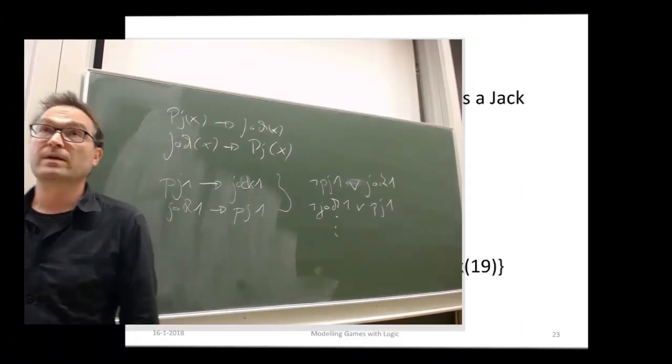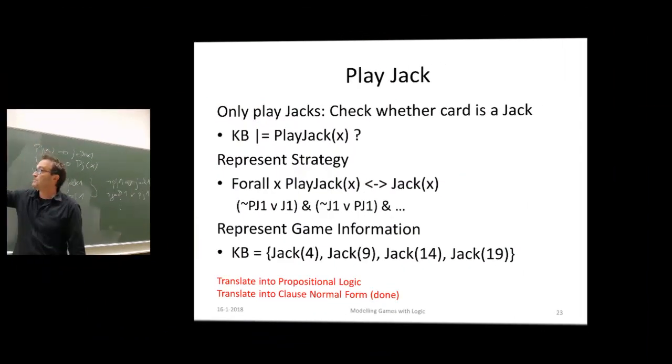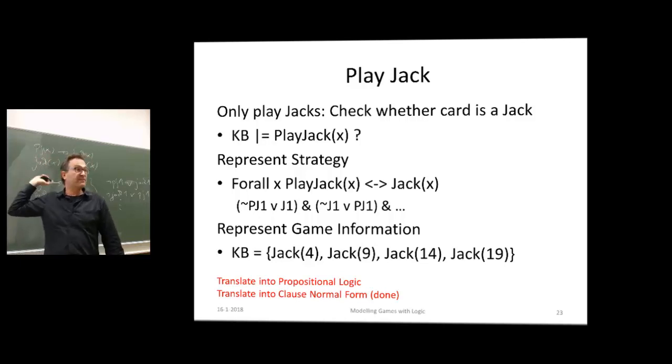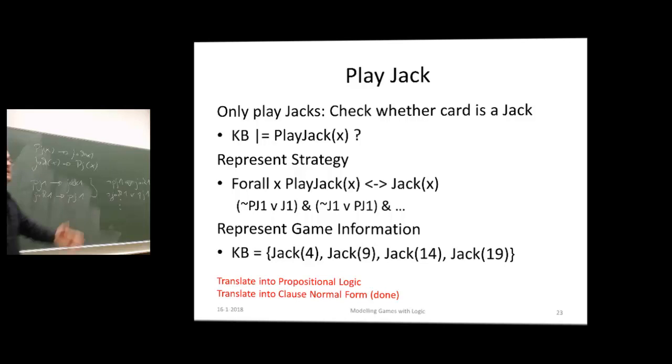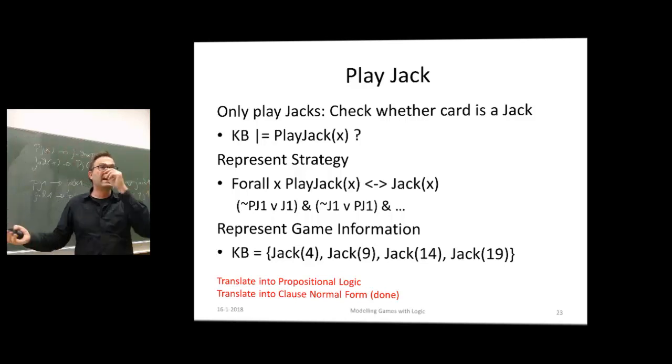And here I've written down the abbreviations that I've used here as well. So it's this for variable 1, but you also have to do it for variable 2 and for variable 3 up to, or 0 to 19.